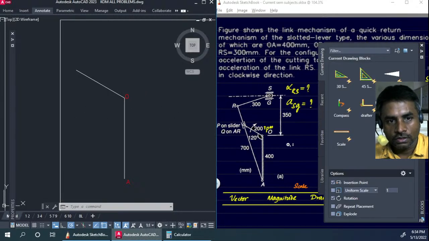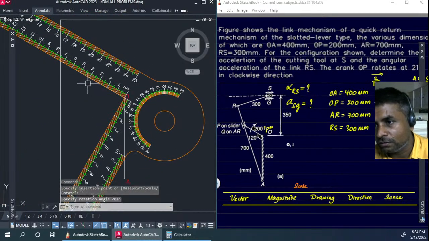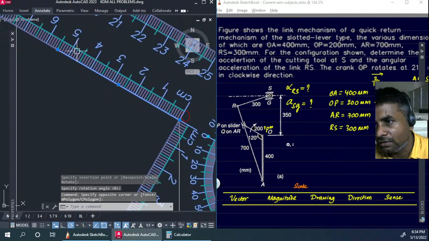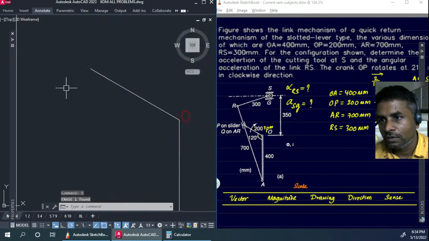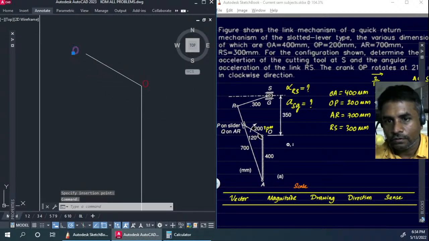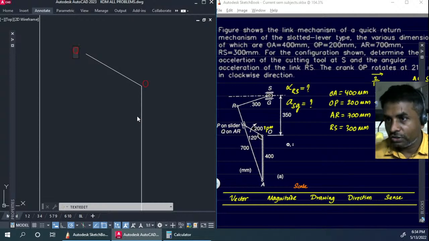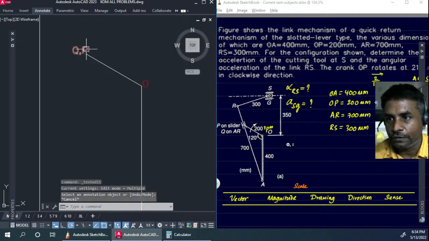So I'll take this, keep it here in that direction, and cut this length over to 4 centimeters. That will give me the point called not only Q but also P. So Q and P both are overlapping here.